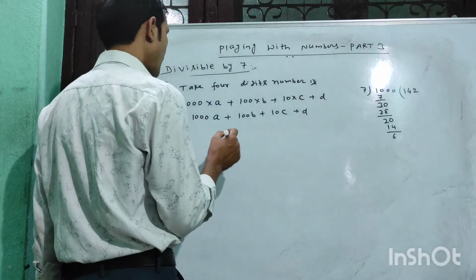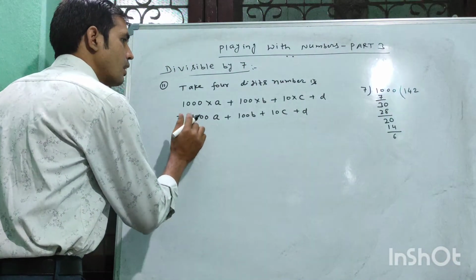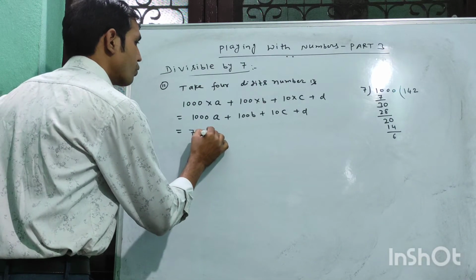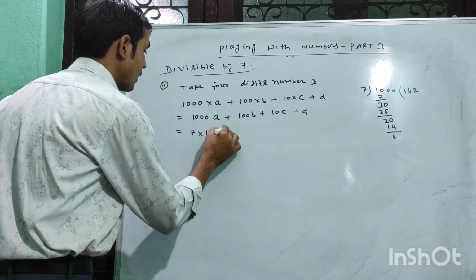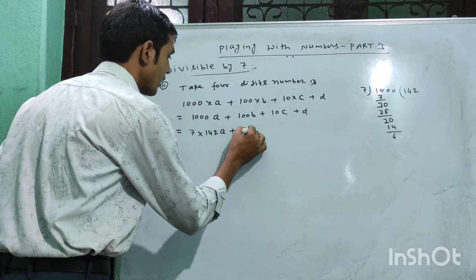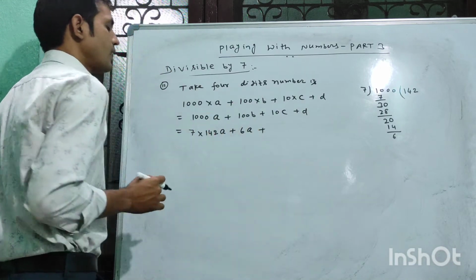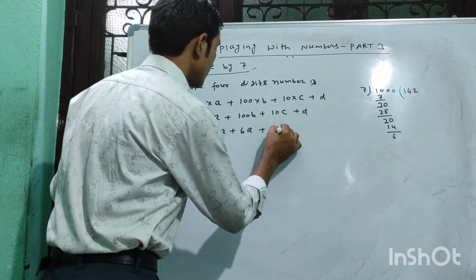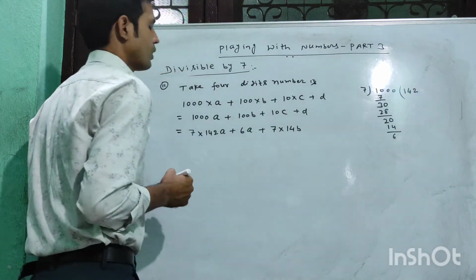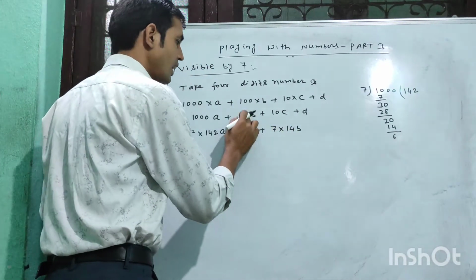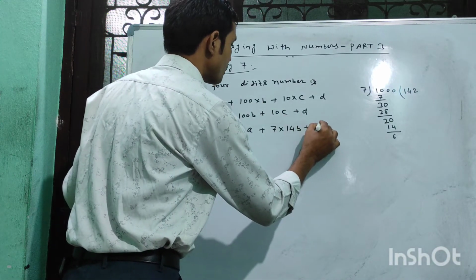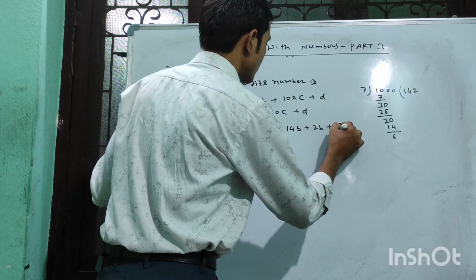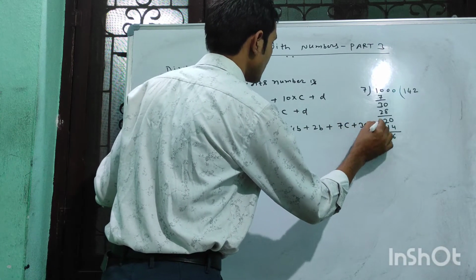So what can we write? We write 7 into 142A plus 6A. For 100, I already explained in the previous one. So 7 into 14B, 7 into 14 is 98, plus 2B. Next, 10C, what will we write? 7C plus 3C.